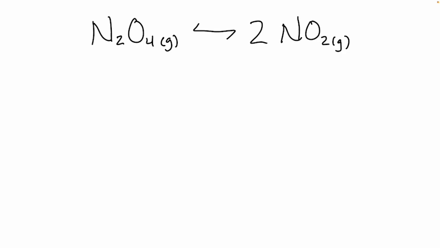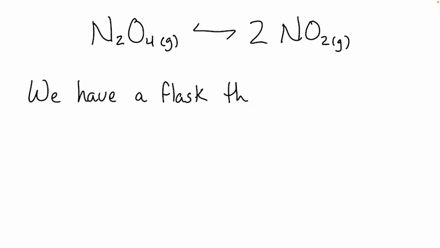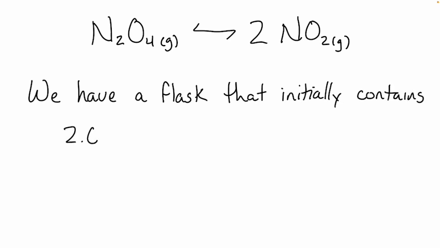So we have a flask that initially contains 2.0 atm of our reactant and no product.